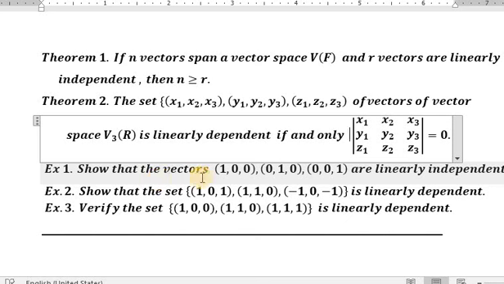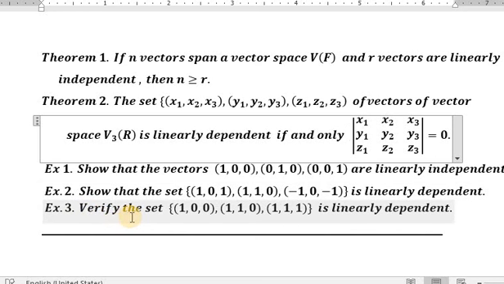First one, show that the vectors (1, 0, 0), (0, 1, 0) and (0, 0, 1) are linearly independent. Second one, show that the set of vectors (1, 0, 1), (1, 1, 0) and (-1, 0, -1) is linearly dependent.